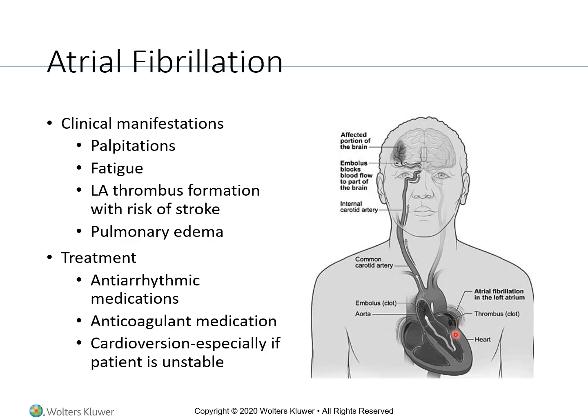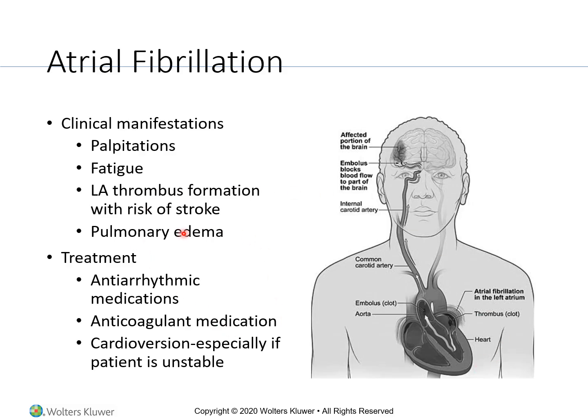So our clot moves from the LA to the LV into the aorta, directly up through the common carotid artery, all the way up into the brain, where it can cause an embolus to block the blood flow, causing a stroke. So stroke is a major complication of atrial fibrillation.